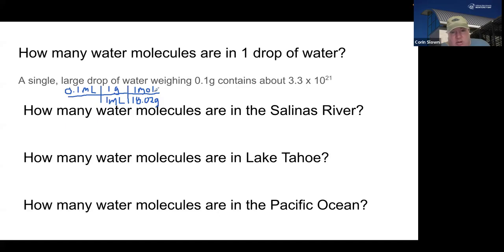And then I know Avogadro's number. So in 1 mole, there are 6.022 times 10 to the 23rd. And that's molecules.